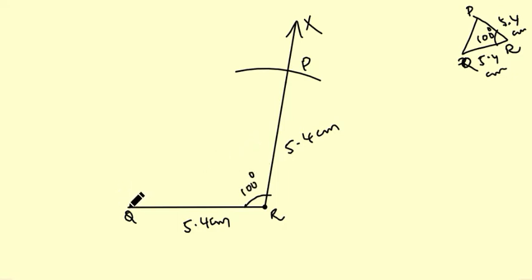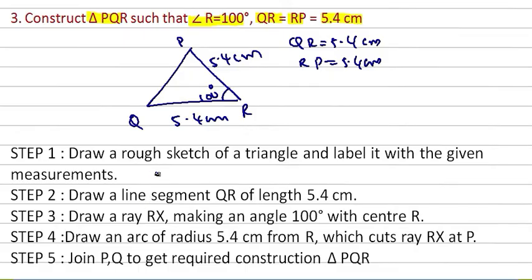Now we know the points Q and P, so just simply join Q and P using the ruler. So it is the required construction of triangle QPR, and these are all the construction steps for this construction. Now let's go to the fourth question.